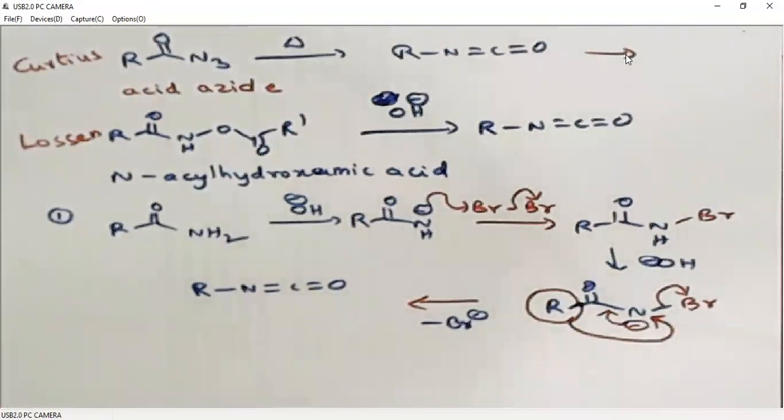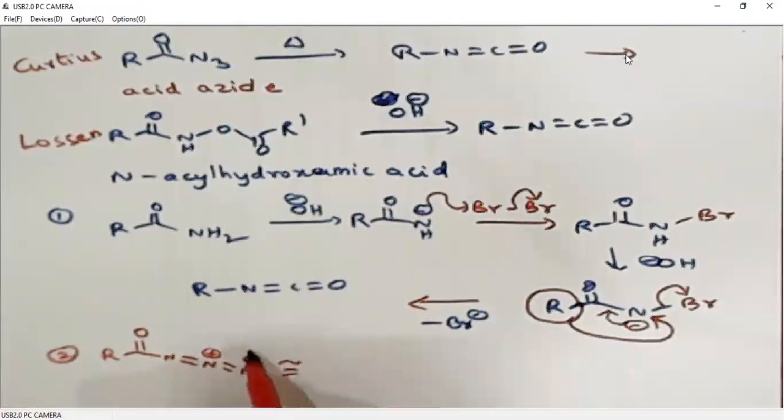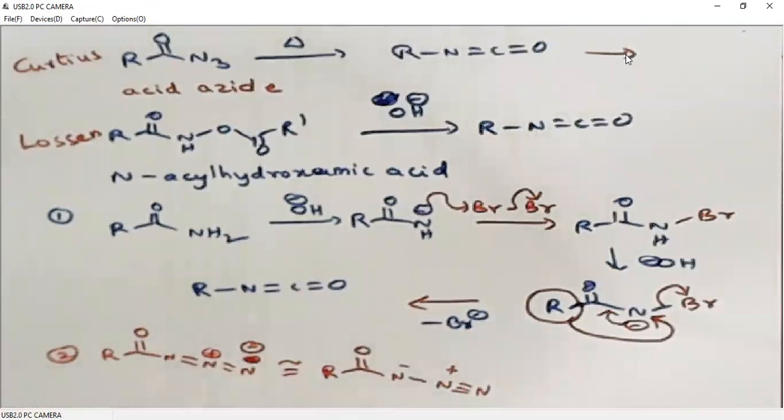Now we will look at the mechanism for Curtius rearrangement. What is Curtius rearrangement? Acid azides, we can represent this like this, with minus charge, or we can also represent this in this form. It's simple. When you polarize this negative charge towards this positively charged nitrogen, then this nitrogen double bond will break down, right?